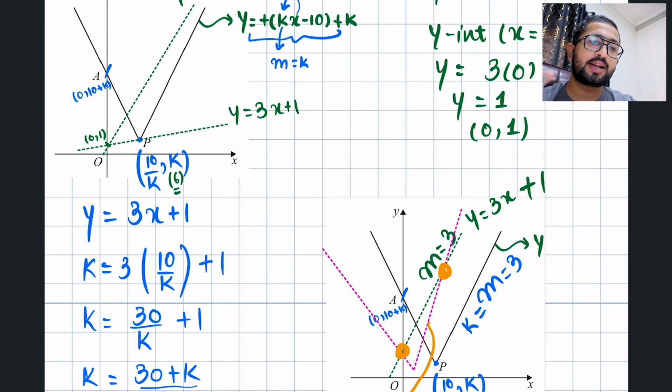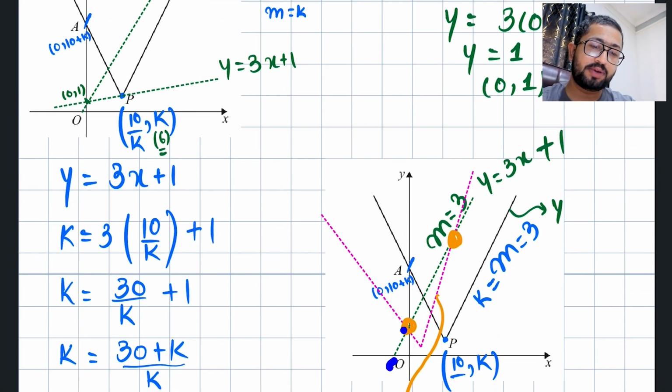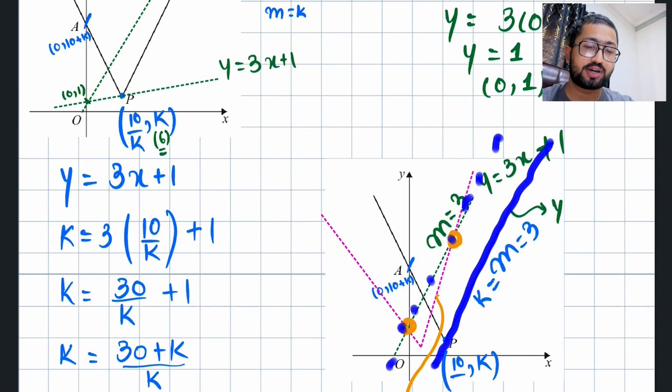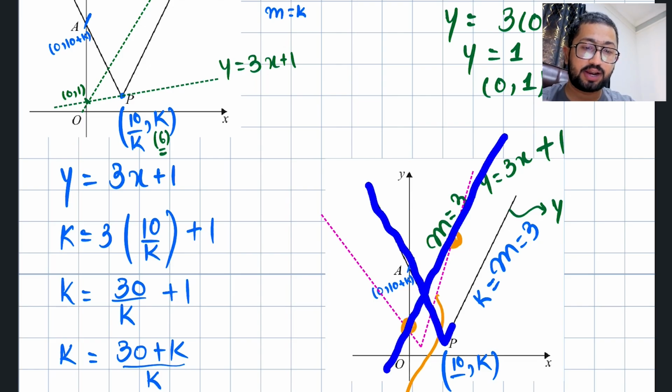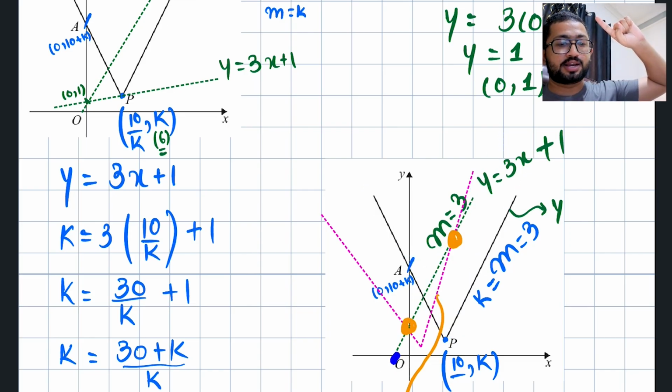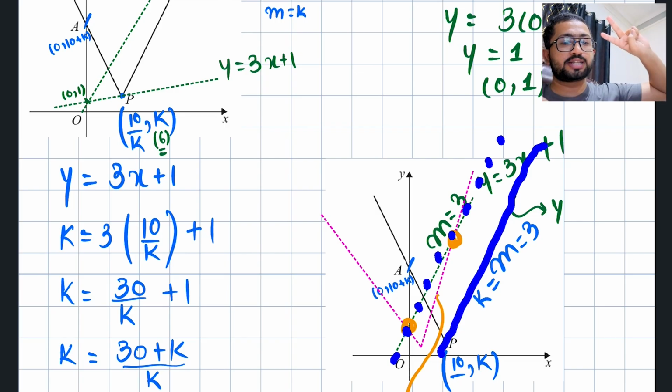Alright, so what is another possibility? Your green line maybe is parallel to this black line, but the problem is your green line is always going to intersect the black graph at how many points? At only 1 point. Green line exactly parallel to this line. So when the two lines are parallel, obviously they have the same gradient.